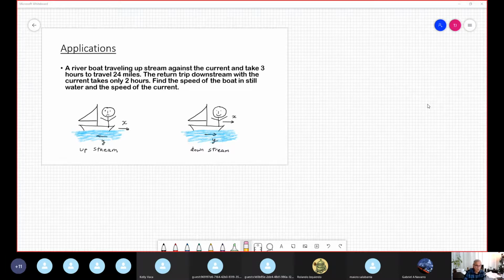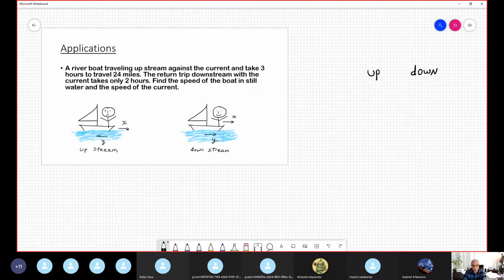Let's understand a little bit. I create one chart like that in which you put two conditions. The conditions are up and down, upstream and downstream. I put them in the column.